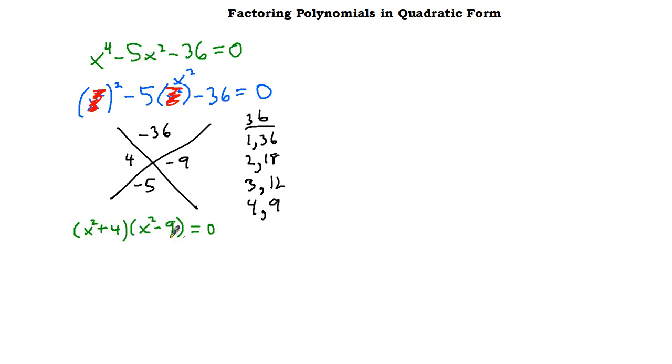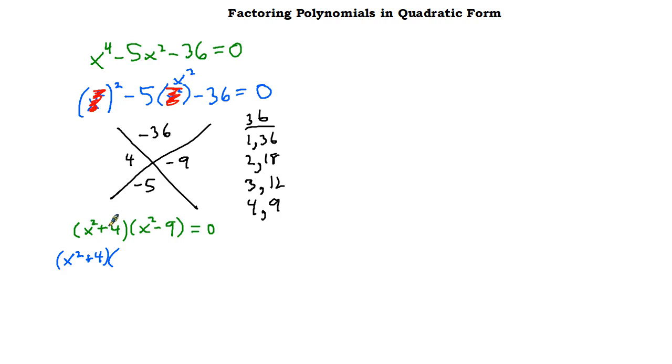All right, anyways, we've done a pretty good job of factoring, and now that we have, we can use zero product property in order to solve. The only thing is that we have not factored completely. I am going to hold you responsible for factoring completely. So let's take a look and see what it means to factor completely here. The x squared plus 4 is not factorable. There was another video that I made where I say that there is no such thing as a sum of squares, so there's no way to factor that guy.